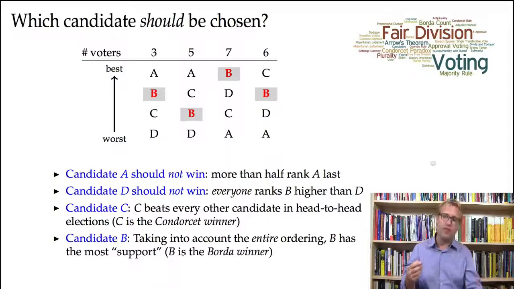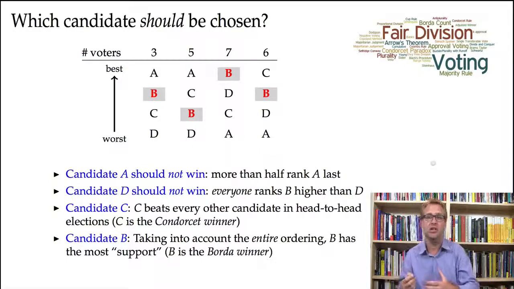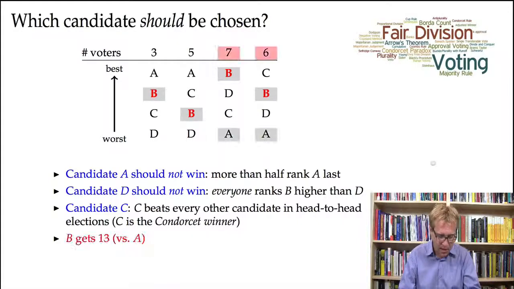So what Borda wants us to do is go through and compare head-to-head elections, but give candidates a certain number of points depending on how many votes they actually get. This will record not just whether or not a candidate beats another candidate, but by how much support there is for a particular candidate.